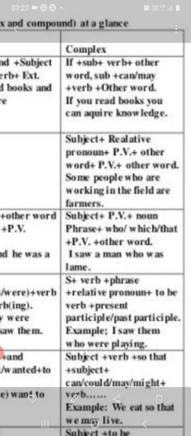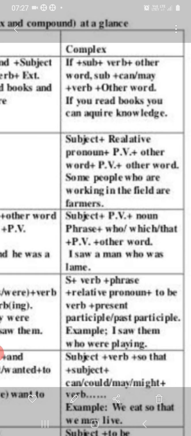Subordinating conjunction plus a clause is called a subordinate clause. The main clause, the independent clause in this sentence, is you can acquire knowledge. The subordinating conjunction is if. The subordinate clause is if you read books. So it is a complex sentence.